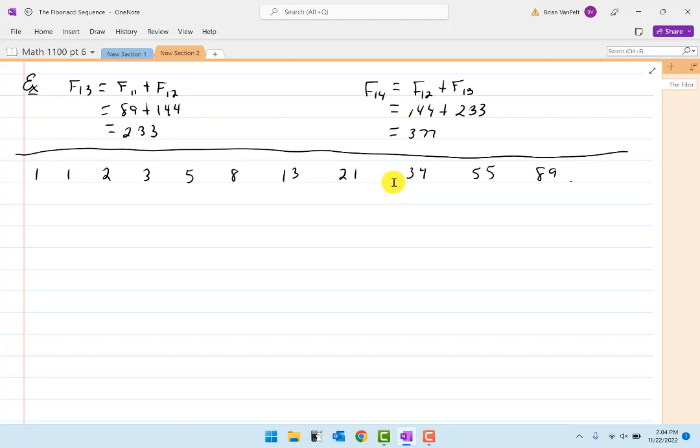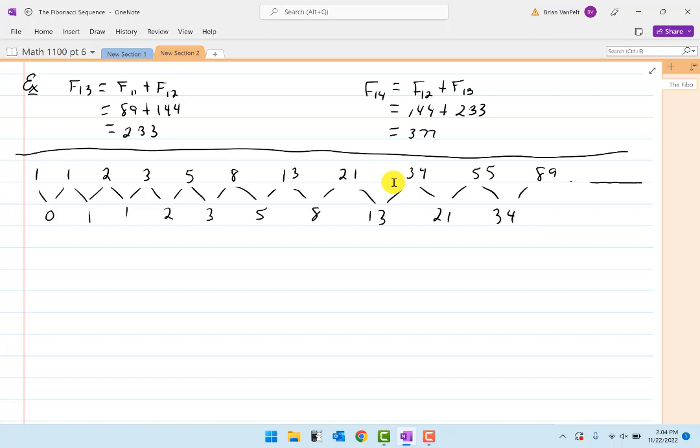So let's use the method of successive differences to find out what number would be next. So we typically do this. We subtract. There's a 0. There's 1. There's 1. There's 2. 3. 5. 8. 13. 21. 34.